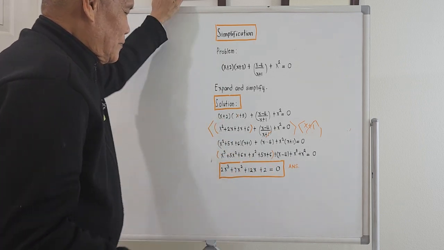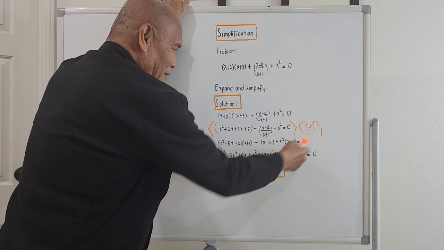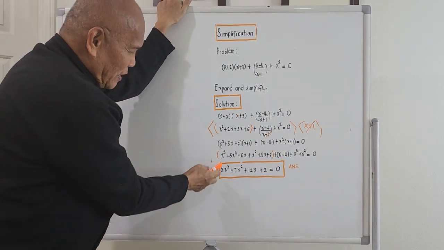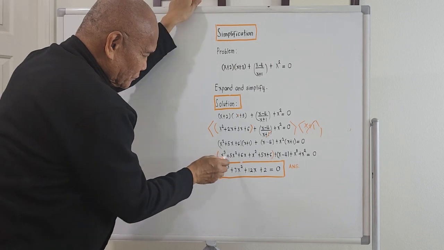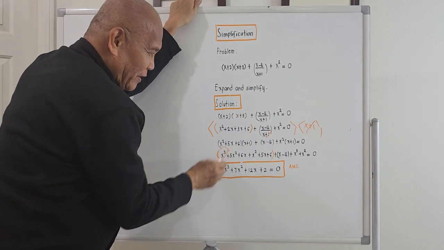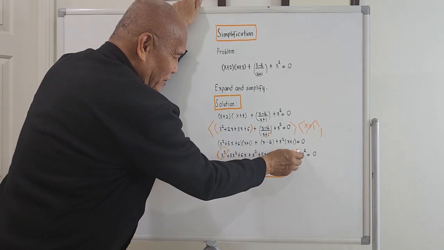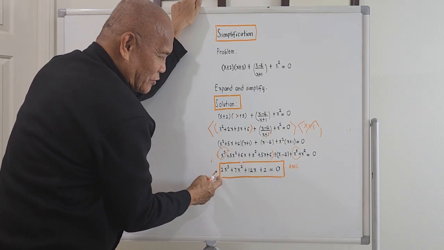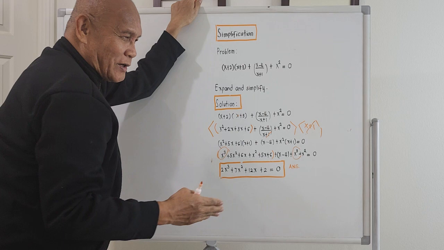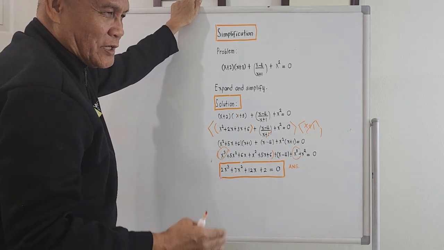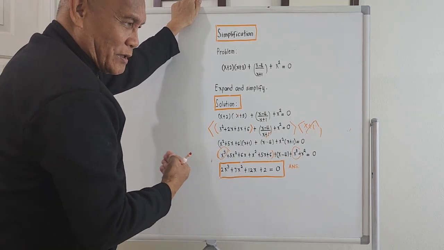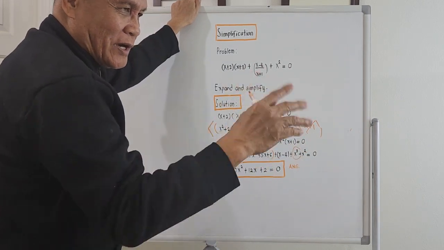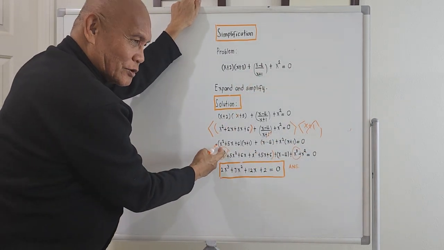Further simplifying this one, it's just a matter of combining similar terms. An x cubed plus an x cubed, this is 1 and 1, so this will be 2x cubed. We are presenting our final answer in descending powers, so we start with the highest power, x cubed.